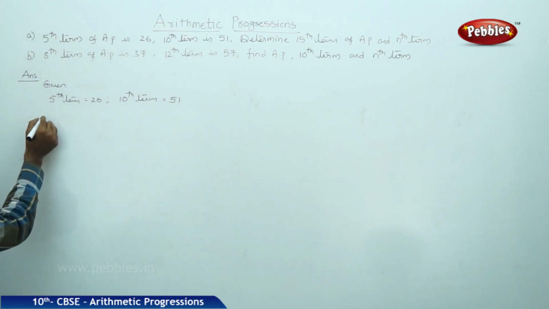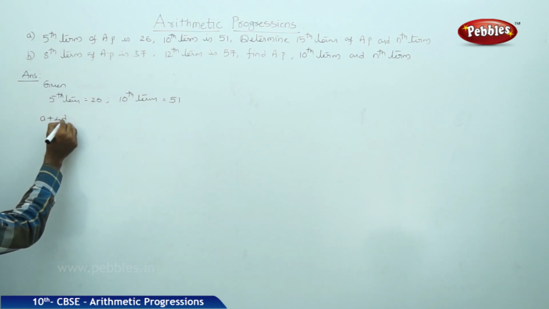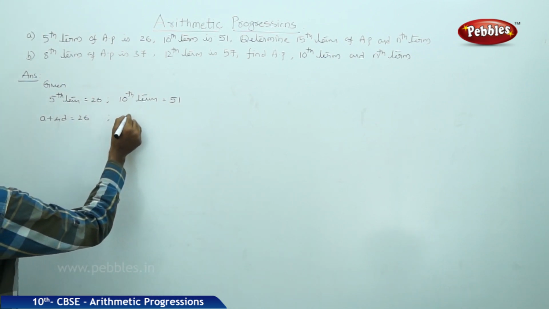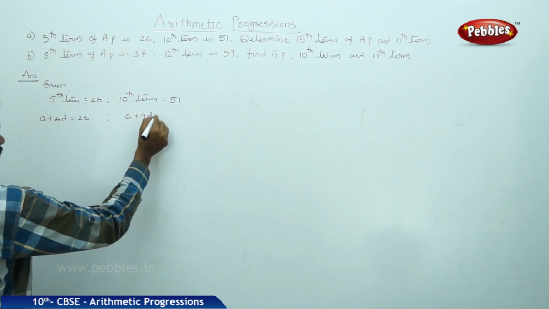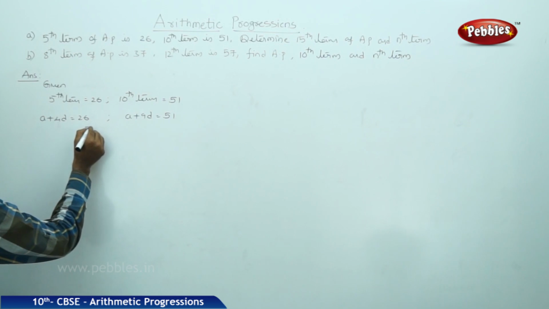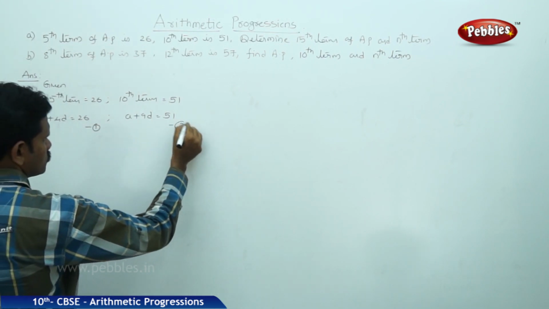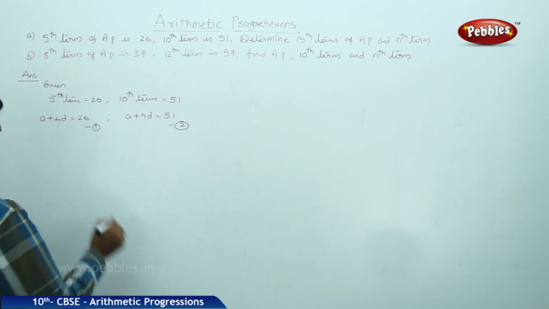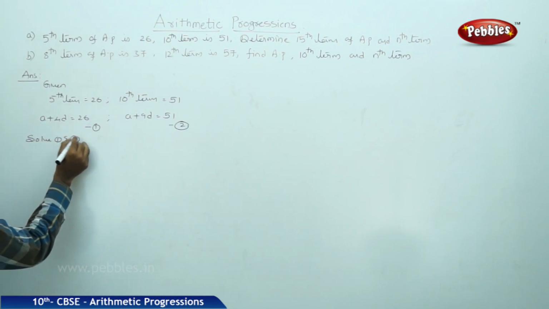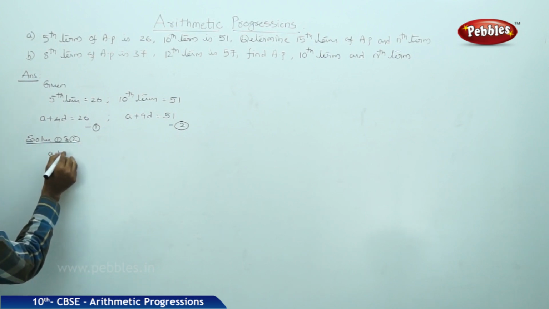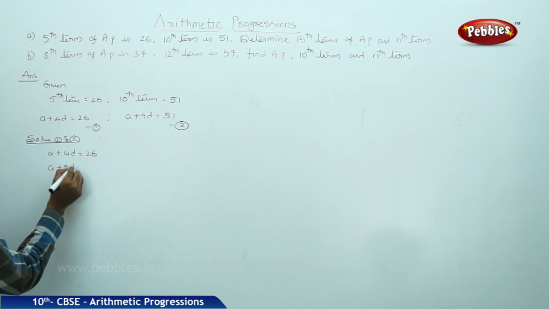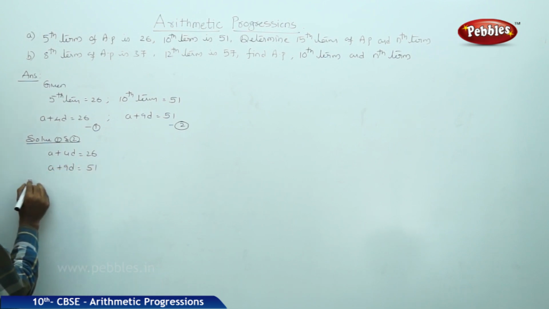Fifth term means our general formula a plus 4d is equal to 26, and 10th term means a plus 9d is equal to 51. This is equation 1, now this is equation 2. Solve equations 1 and 2. a plus 4d equal to 26, a plus 9d equal to 51.